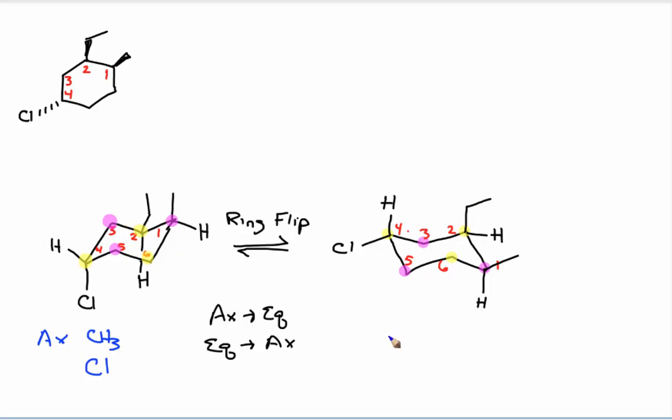In the second conformation, we have an ethyl group in the axial position, but our methyl and chlorine are in the equatorial position.